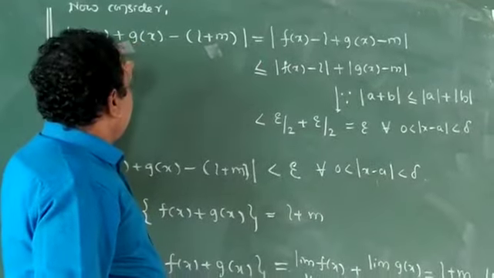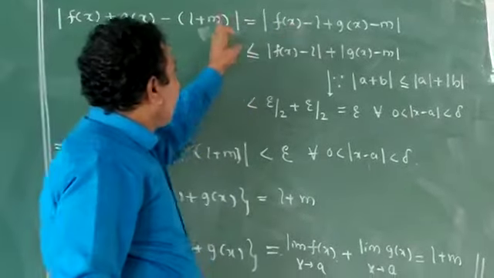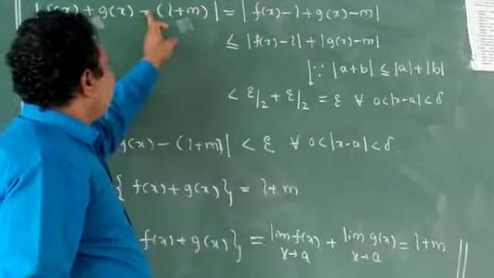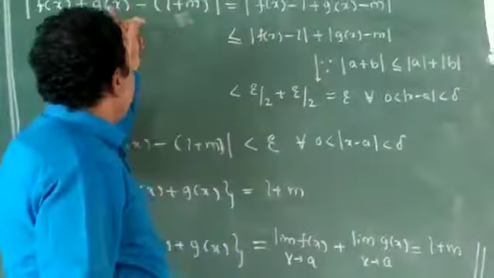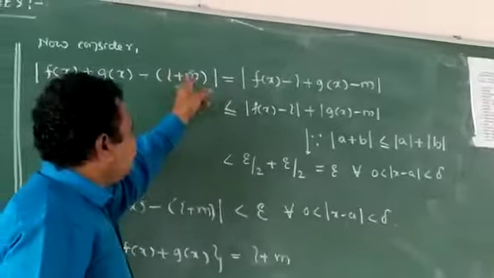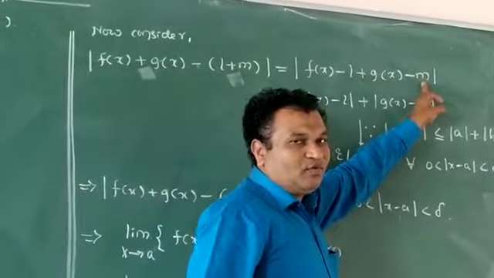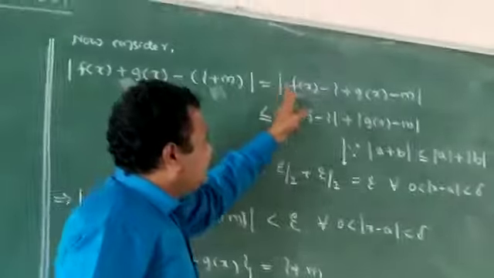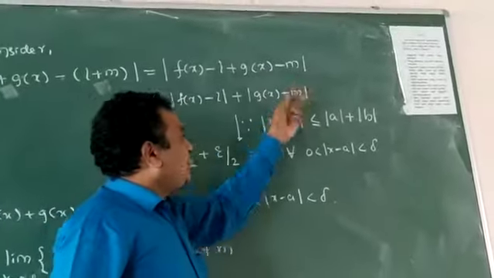Here, modulus of f of x minus L, and next g of x minus m. Both are the same. Here it is in the form modulus of a plus b.